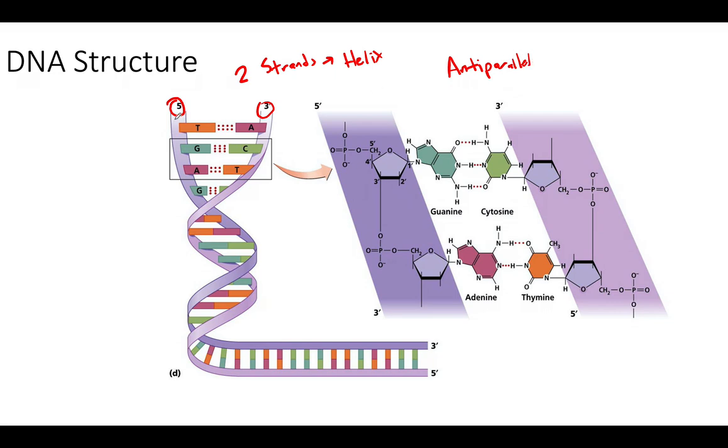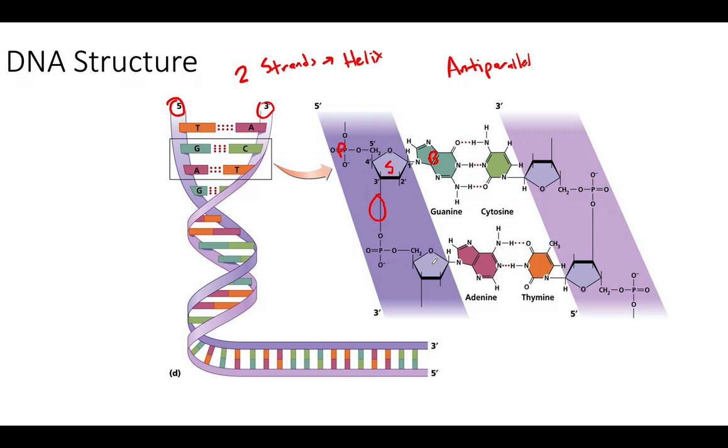If we were to take this one strand right here, this purple strand, and zoom in on it, we would see what actually is making this up. This would be one nucleotide right here. So here's the sugar, here's the base, and here's the phosphate. And so that's one nucleotide.